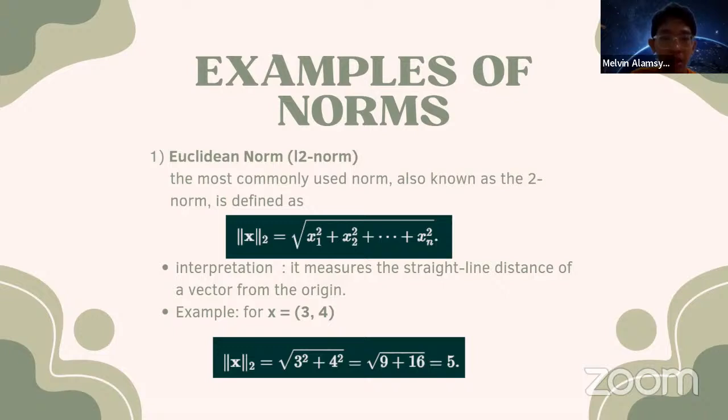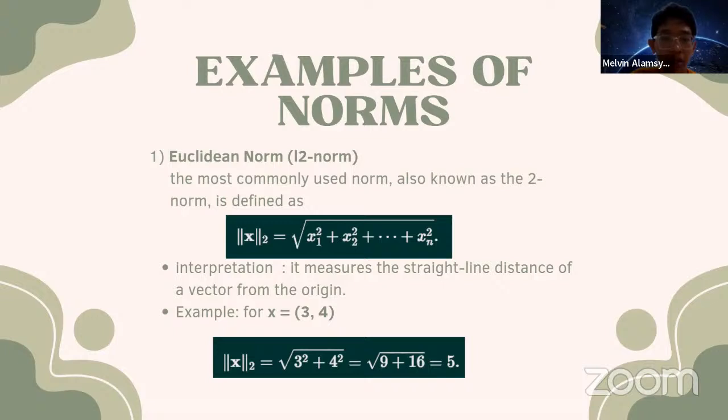This norm is the most commonly used norm, also known as the 2-norm, which is defined as the norm of x with the parameter 2, which is equal to the square root of x1 squared plus x2 squared plus etc. until xn squared. And here we have the interpretation, which is that the Euclidean norm measures the straight line distance of a vector from the origin.